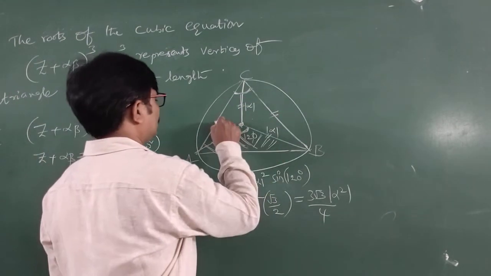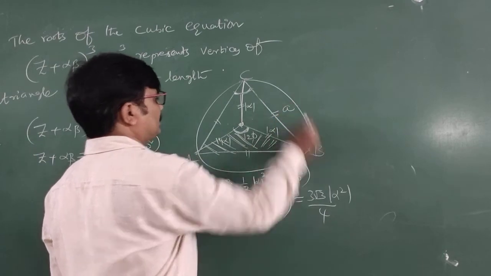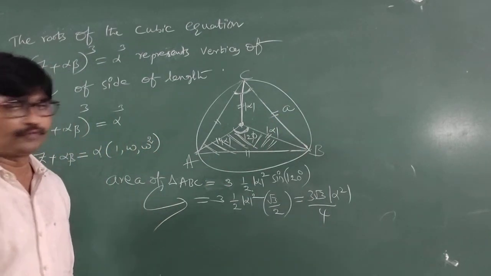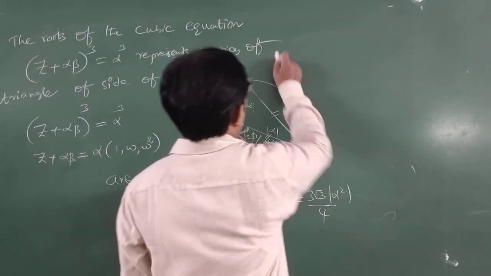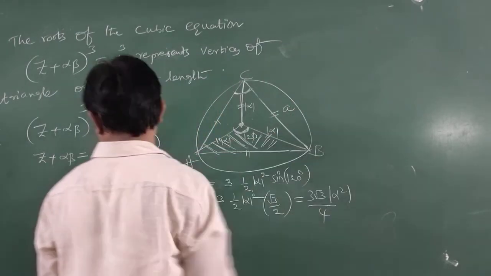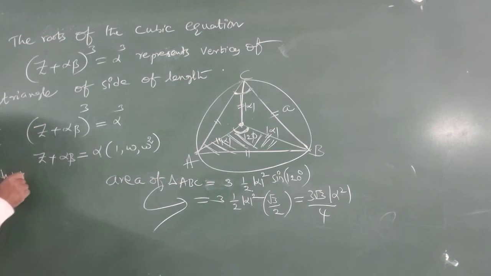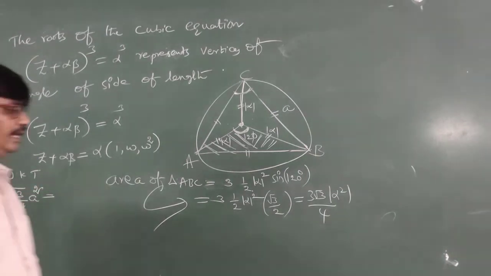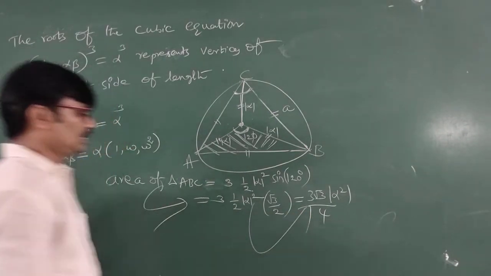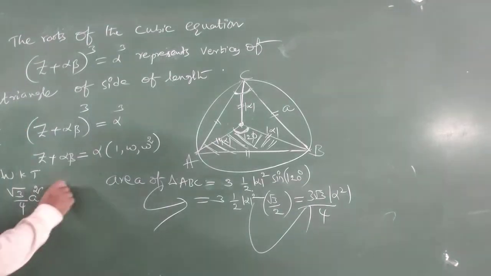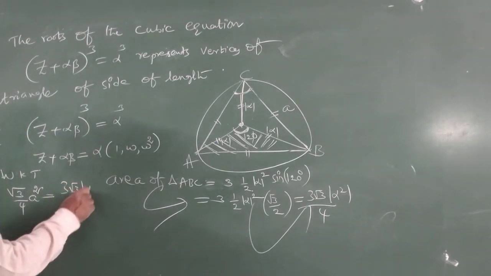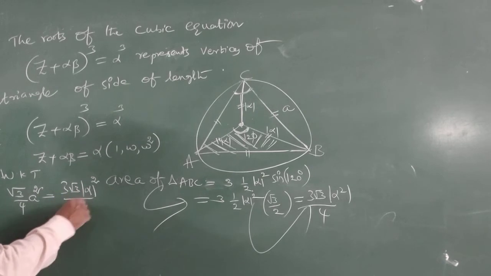Now suppose we take the length of the side as A. Everybody knows that the area of the equilateral triangle is root 3 by 4 A square. Now we got the area of the triangle as 3 into root 3 mod alpha square by 4.